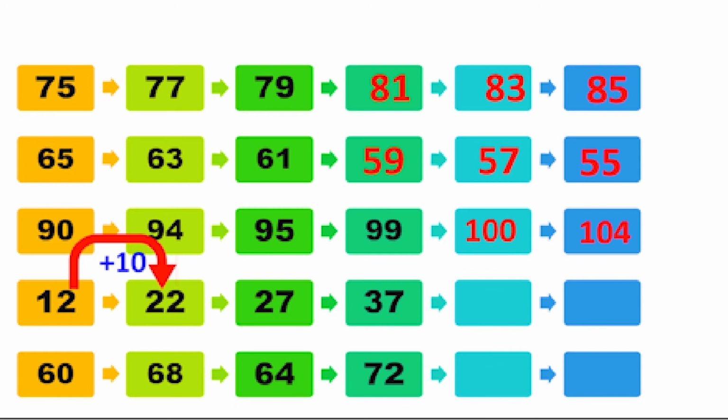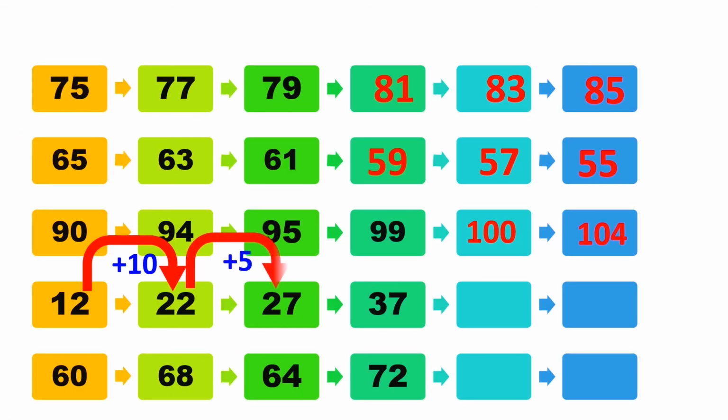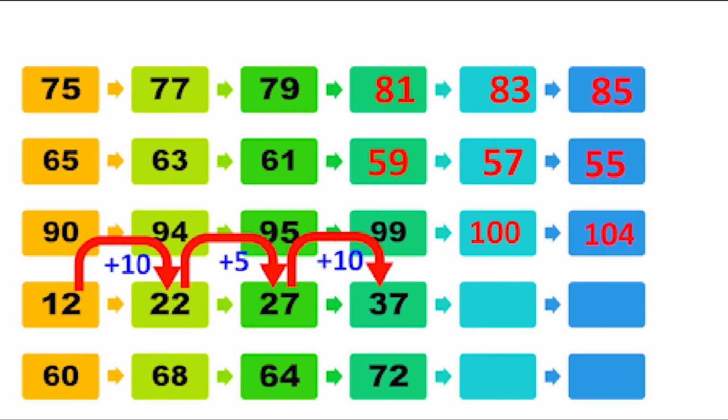From 22 to 27, after 22, 23, 24, 25, 26, 27, we jumping 5, so I will write +5. And again we will add +10. Why? Because 27, 37.